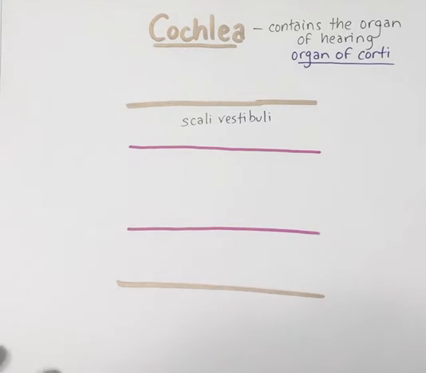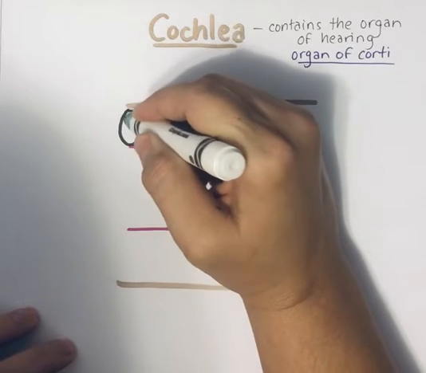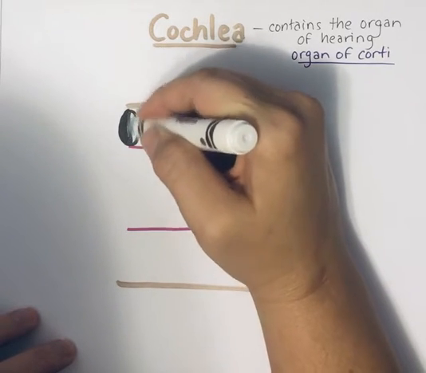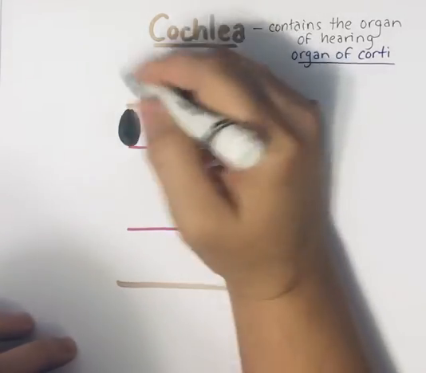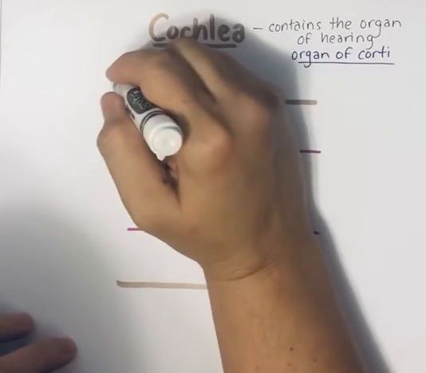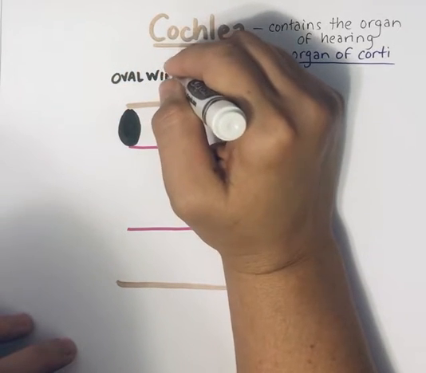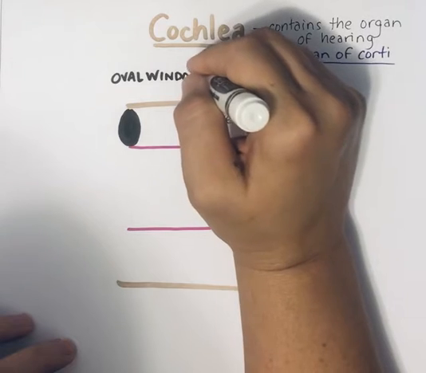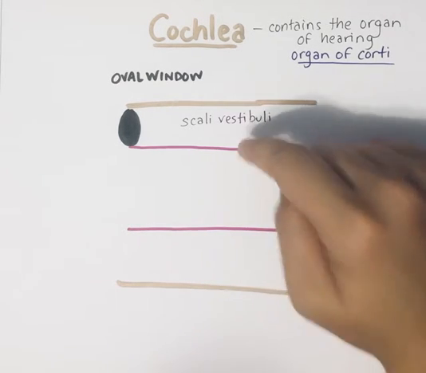So when we look at the scala vestibule, the superior chamber, there's a window right here called the oval window. The superior chamber is where everything begins. So the scala vestibule is basically going to have the oval window. Now, as sound vibrations come into the inner ear, we need to vibrate the fluid inside of the scala vestibule.